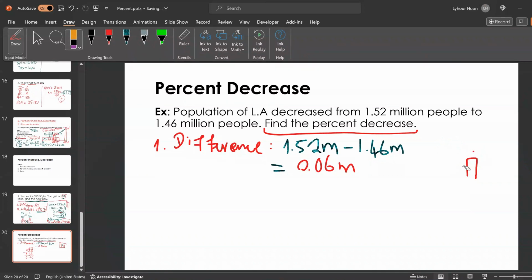Let's put it this way: 1.2 million is 1,200,000, right? So how about 0.06 million? I just feel like it's 6 million or something. That's how I imagine it.